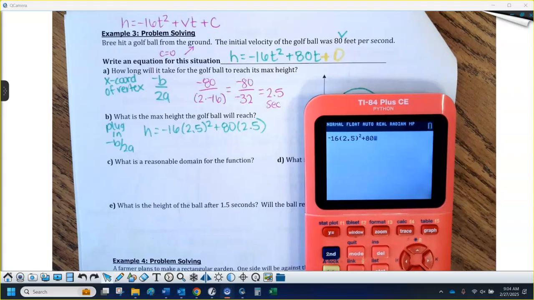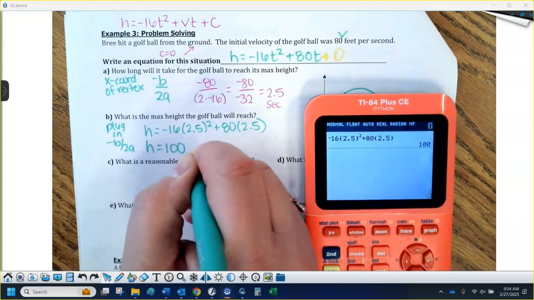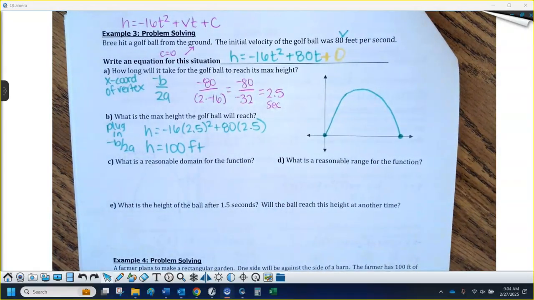I'm just using the parentheses. If you're using a scientific or graphing calculator, you should be able to just use those parenthesis keys. You don't have to put a multiplication symbol in between. And my height here is always in feet. If you're working with this formula, the time is in seconds, the height is in feet.